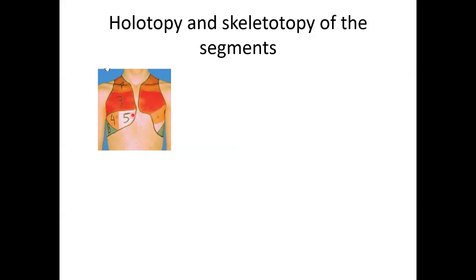Then from the right side we can see segmentum laterale and segmentum mediale, down to the fourth rib. You remember that the horizontal fissure is projected on the fourth rib.